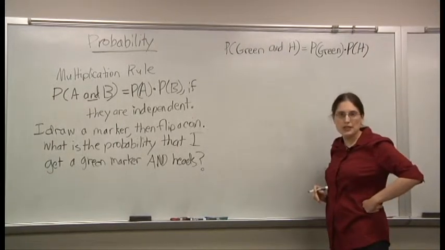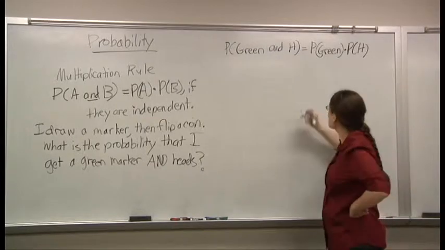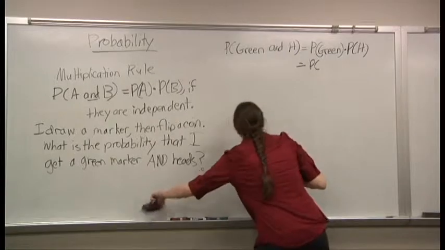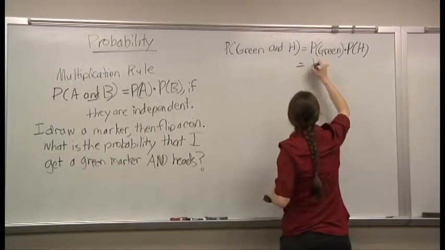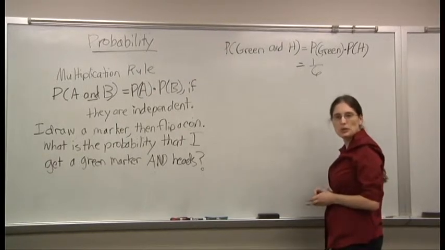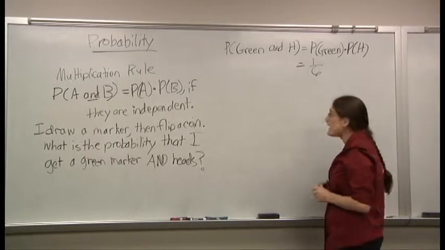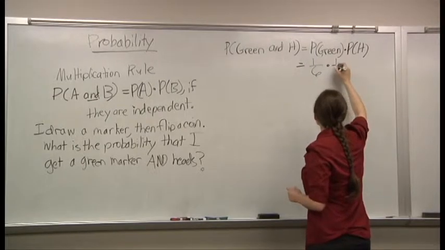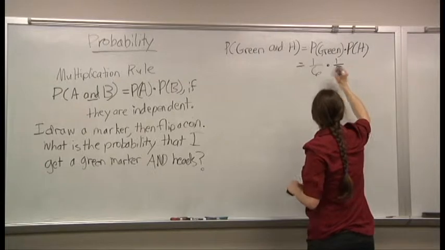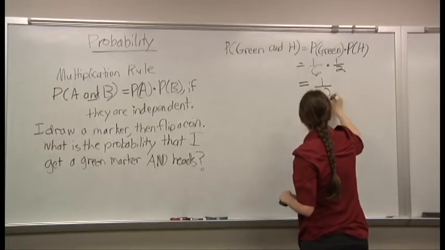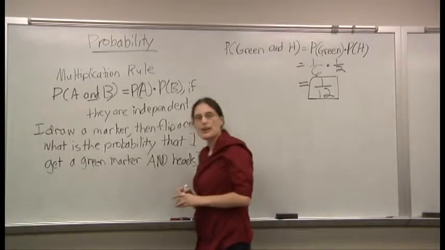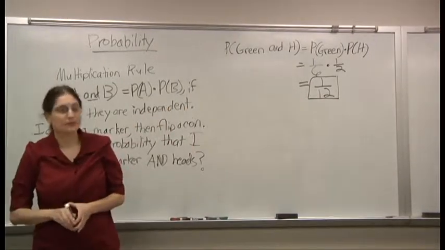What's the probability of green? 1/6, yes. What's the probability that I get a heads when I flip one coin? 1/2. So 1/12, or around 0.08 if you prefer.